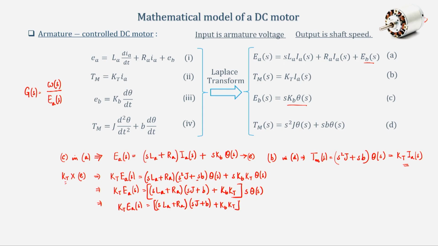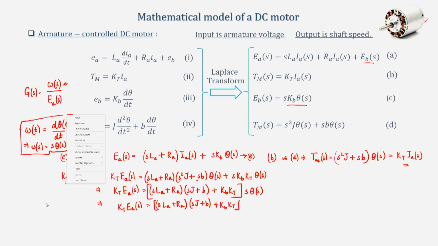Now, notice we want omega, right, omega s, but what is omega? Omega t is nothing but d theta dt, right, and if you take Laplace, this is what you get. This is the equation that you get.